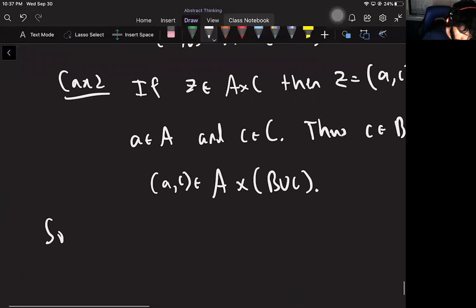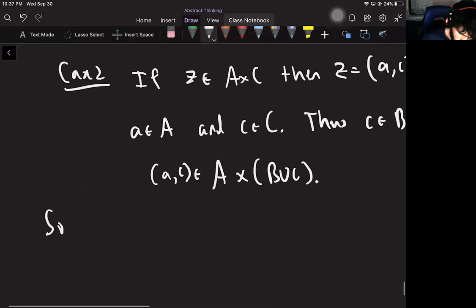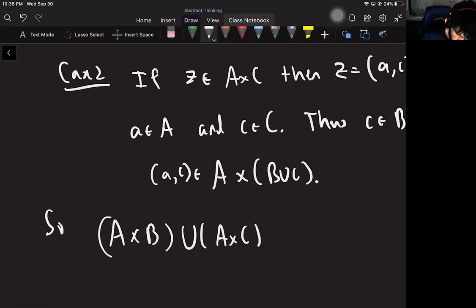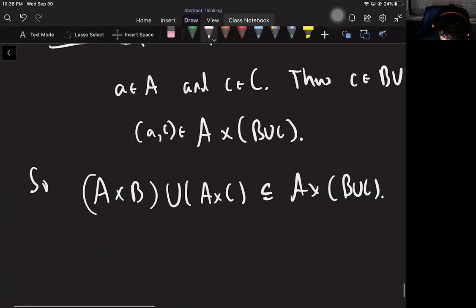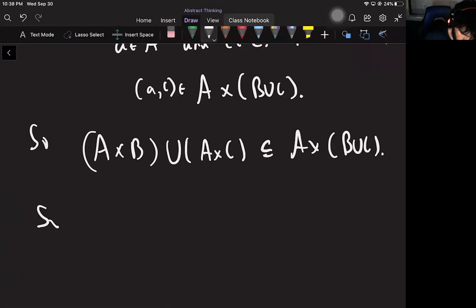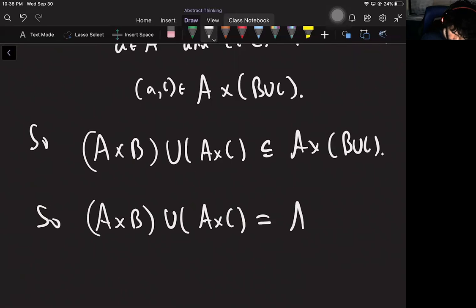Okay, so this shows exactly what we wanted to show, that A cross B union A cross C is a subset of A cross B union C. So together with the first part of the proof, we've shown that the two sets are actually equal because they are subsets of each other. And so they've got to be the same thing.